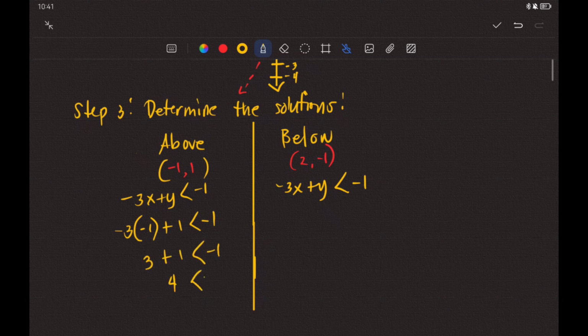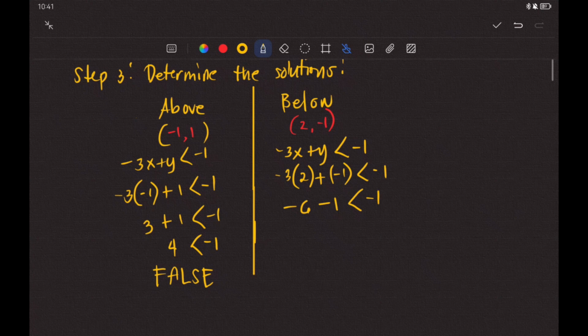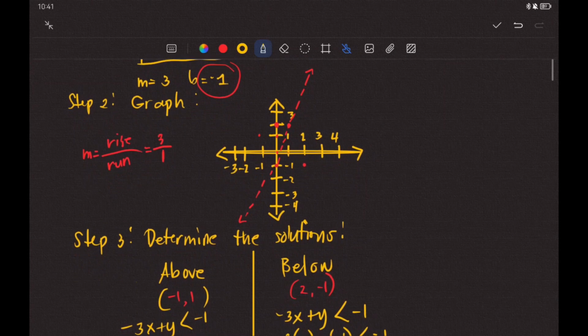This is 4 is less than -1, which is always false. For the other side, we have here 2 plus -1 is less than -1, -6, -1 is less than -1, -7 is less than -1, and this is true. Meaning, our solution is the area below the line. So this is our shaded part.